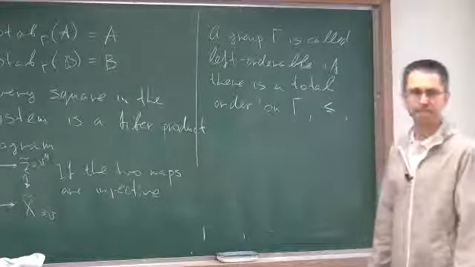And a group gamma is called orderable or bi-orderable if there exists again a total order on gamma, as before, which is invariant both on the left and on the right, such that for any A, B, G in gamma, A is at most B implies GA is at most GB, and AG is at most BG.